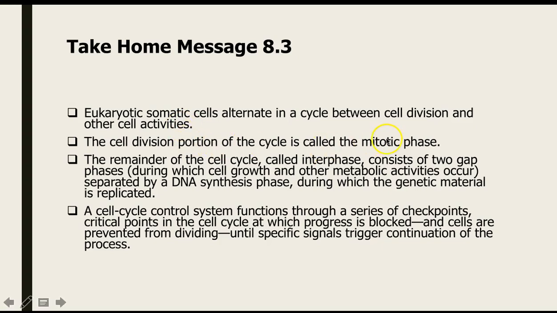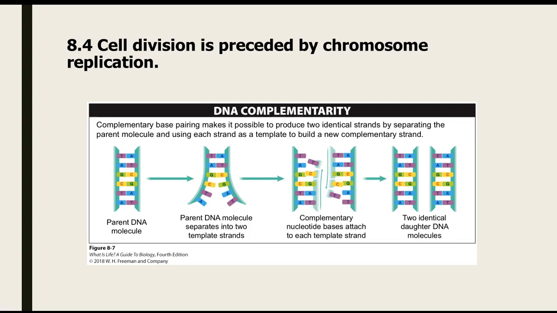The only part that's actually cell division is the mitotic phase, and the rest of the time it's called interphase. Interphase itself has two separate gap phases, which are separated by the S phase, or the DNA synthesis phase. And finally, we do have checkpoints that will stop the cell cycle from progressing and maybe even end up killing a cell if it's not progressed properly.